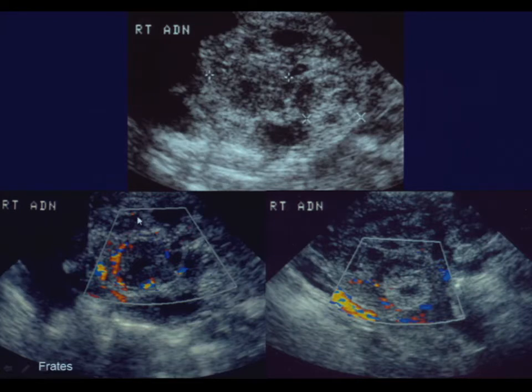So we knew that this is the corpus luteum in the ovary, and this, seen here, is almost certainly a right-sided ectopic pregnancy. She was taken to the operating room, did indeed have a right-sided ectopic pregnancy and an intrauterine gestation, and blood completely encasing the right ovary.